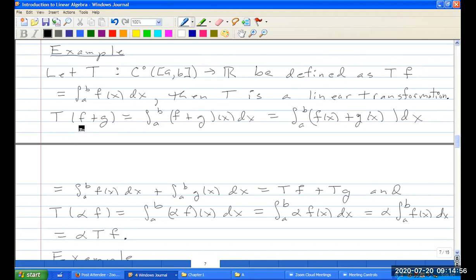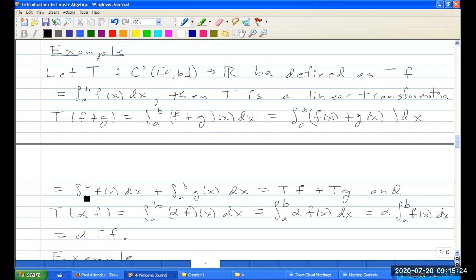Well, let's check T is a linear transformation. T of f plus g, I want to show that that's equal to Tf plus Tg. Well, T of f plus g is just the integral from a to b of f plus g. Well, this is the integral from a to b of f of x plus g of x, by the linearity property of definite integrals.